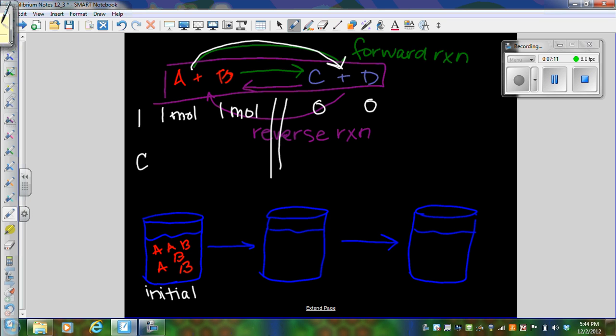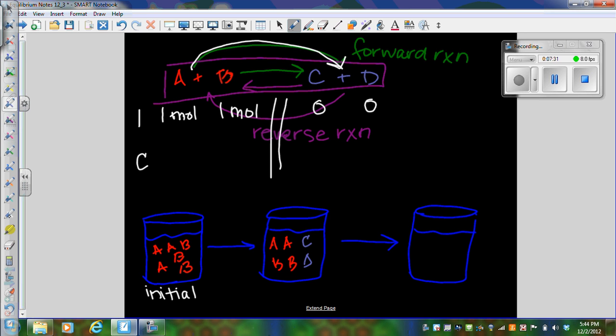So A and B start to get used up, and C and D start to appear or form. And that continues.